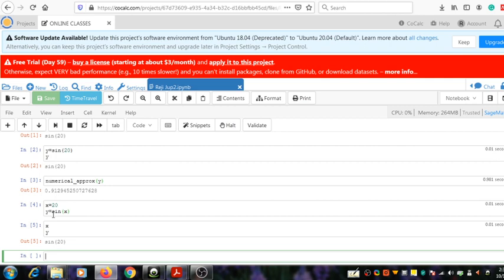So when I write y here, since that is the last line I typed in the input, it will display the content of that variable. It is sin 20. So if you want the numerical, actual value, you can write numerical approximation of y, instead of just y.